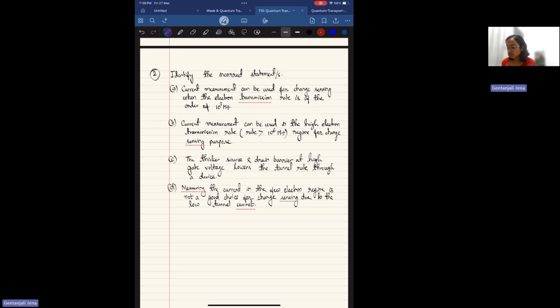Option C, the thicker source and drain barrier at high gate voltage lowers the tunnel rate through the device. Option D, measuring the current in the few-electron regime is not a good choice for charge sensing due to the low tunnel current. Which of these do you think is the incorrect statement about this charge sensor?